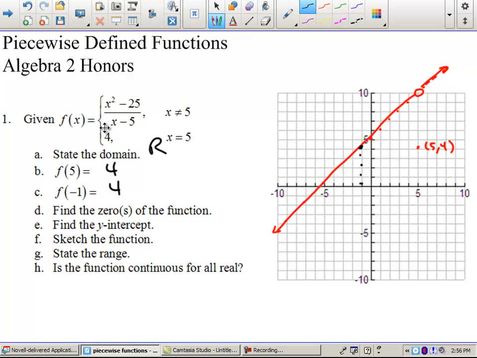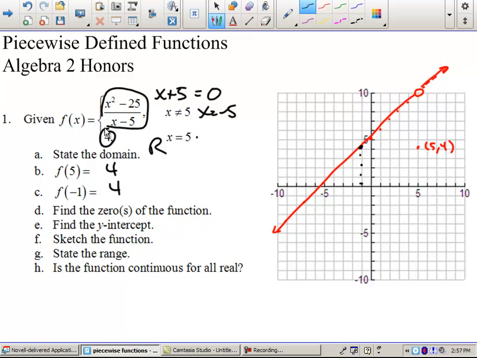To find the zeros of the function, looking at my graph, that's why I like to go first. Clearly, the bottom one is not going to have a 0 because it only has one value, and that is 4. If I were to set this rational function equal to 0, remember that it's really x plus 5 everywhere except at the value x equals 5 itself. So I'm going to let the numerator x plus 5 be equal to 0. That tells me x is equal to negative 5.